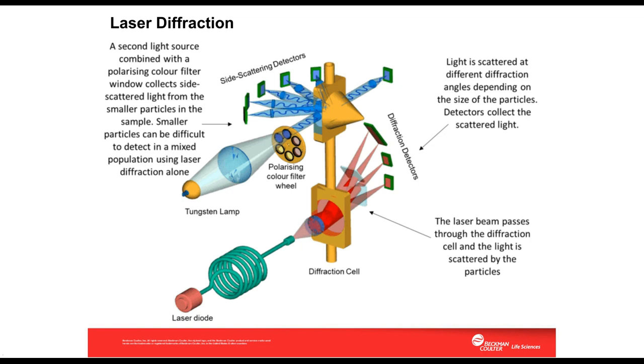So to overcome this weakness, laser diffraction can be combined with a polarized intensity differential scattering system, which provides particle sizing distribution information for those samples containing heterogeneous particle populations. And this allows for the detection of sub-1 micron particles in the presence of particles in the 10 to 100 micron range.